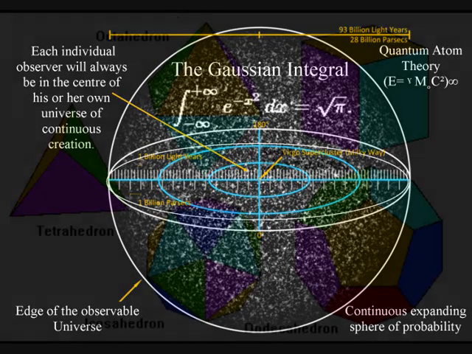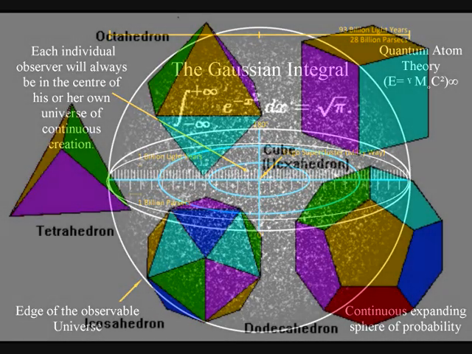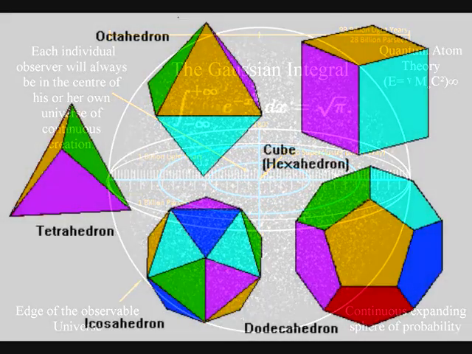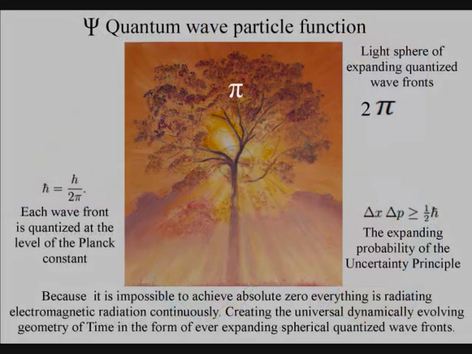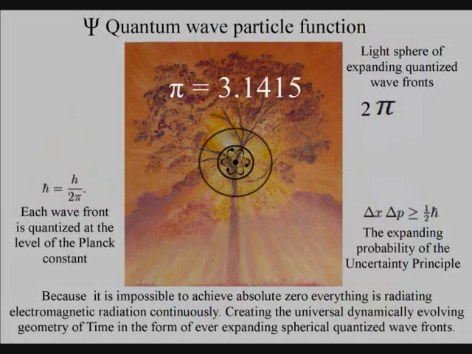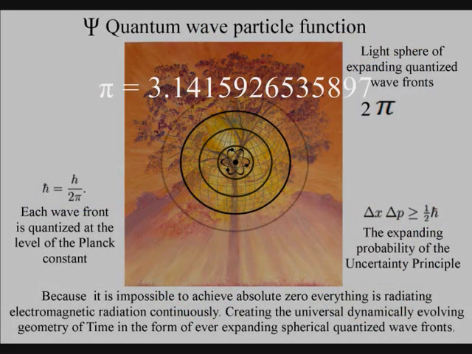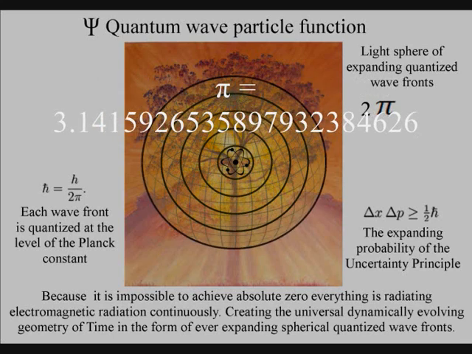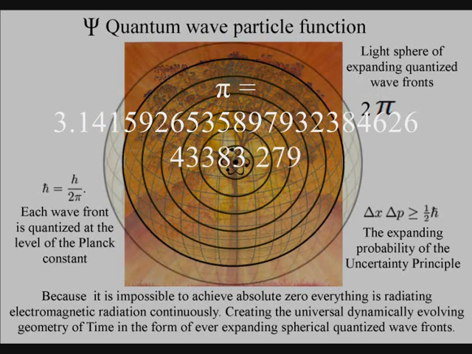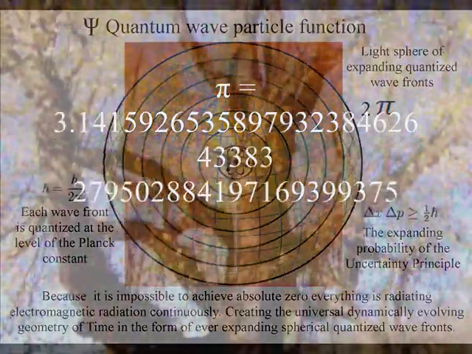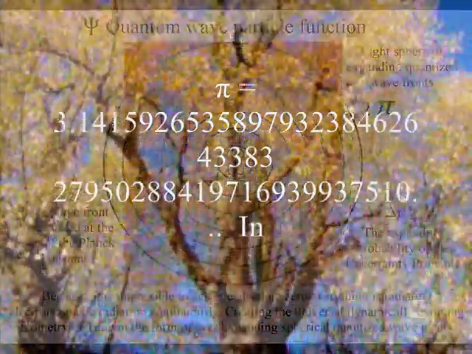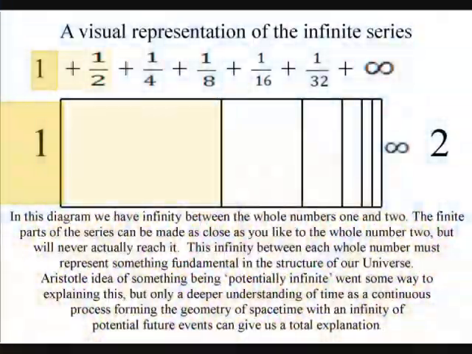This is because human mathematics in the beginning was based on the geometry of shapes that never change, like squares, triangles and circles. But the geometry of the universe is not static, like this. Therefore, we have the irrational numbers, like pi, dropping out of our mathematics as a never-ending infinite series of numbers representing the infinite nature of our universe.